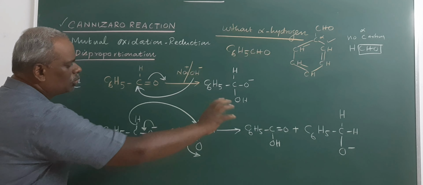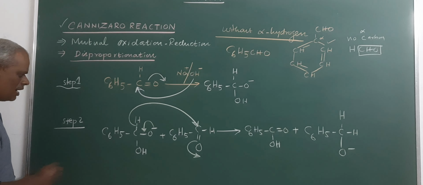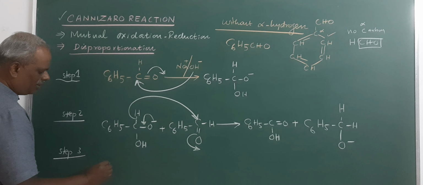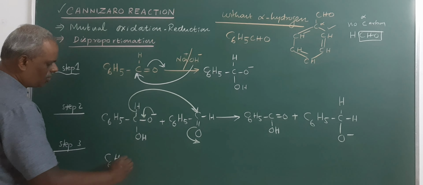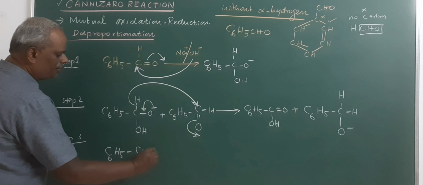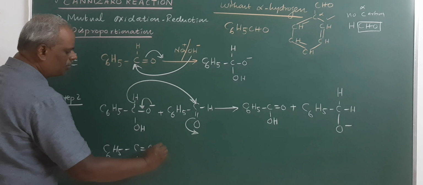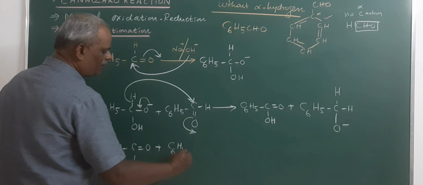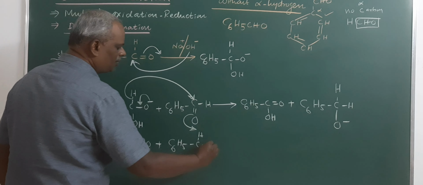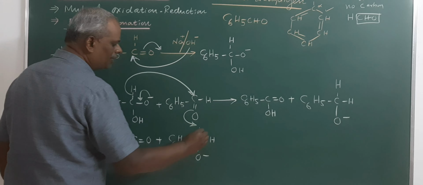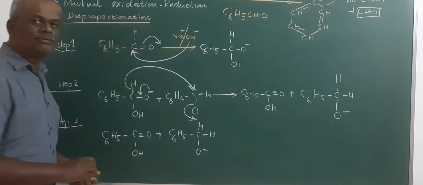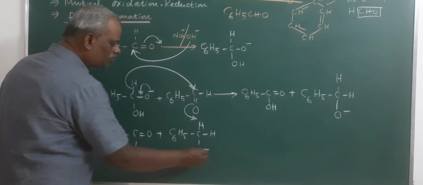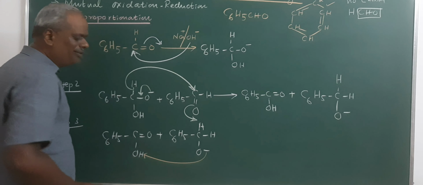Now try to write those two products on the reactant side in the last step, step 3, where we can write the substances benzoic acid, C6H5 C double bond OH, plus the substance obtained above, C6H5 CHH, and it is O minus. Then what happens? In order to neutralize this O minus, the O minus provides electrons to this hydrogen.